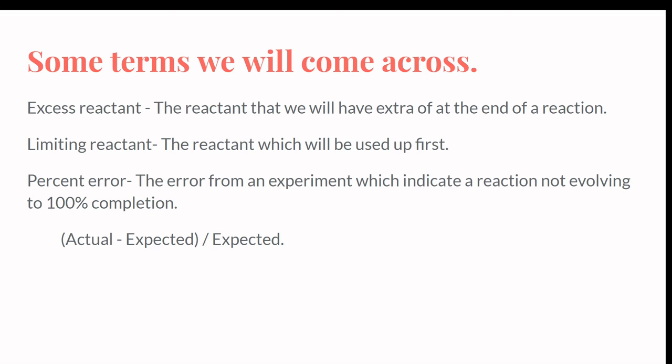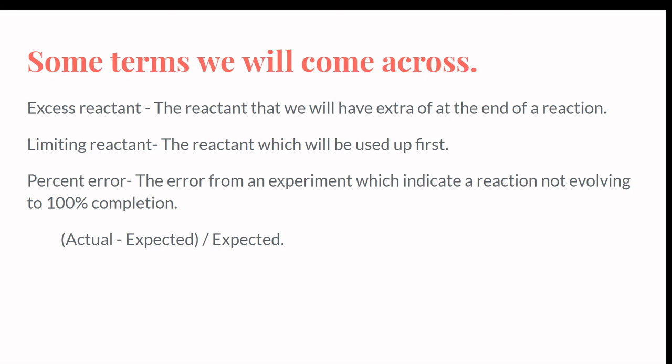The second one is the limiting reactant, and this is going to be the reactant that's going to get used up first, okay? And this kind of limits how much product you can end up making. Alright, so when we did our mac and cheese one, we said that cheese was going to be our limiting reagent because cheese is kind of expensive, okay?